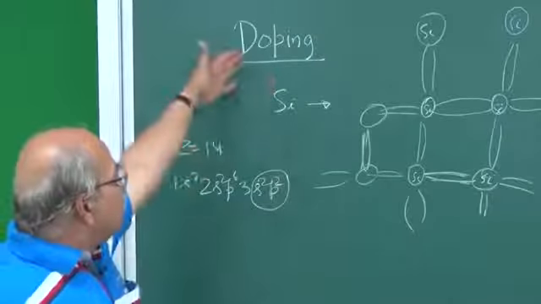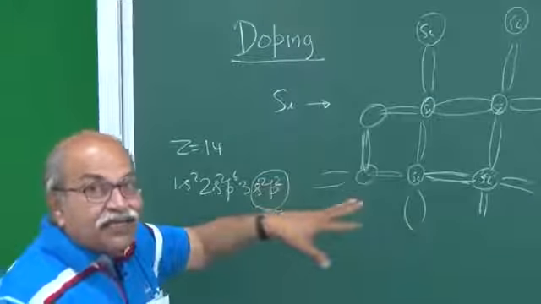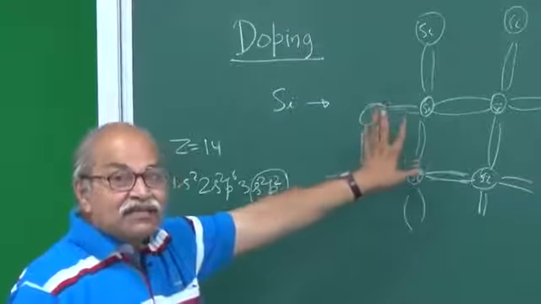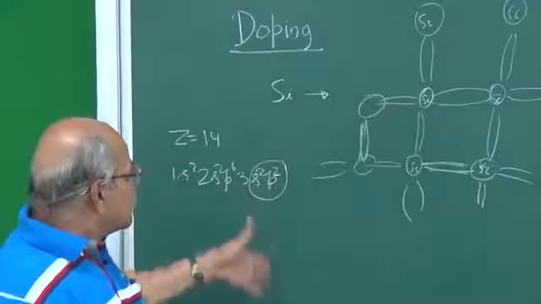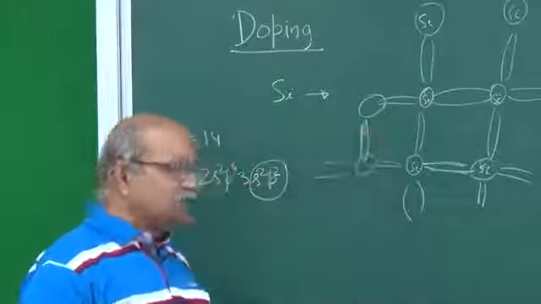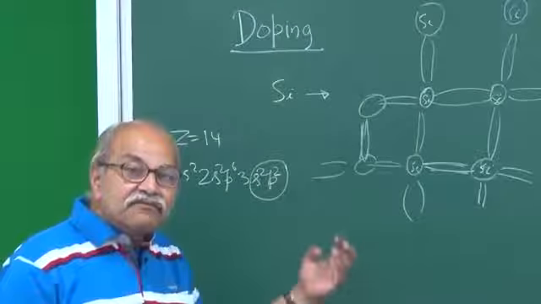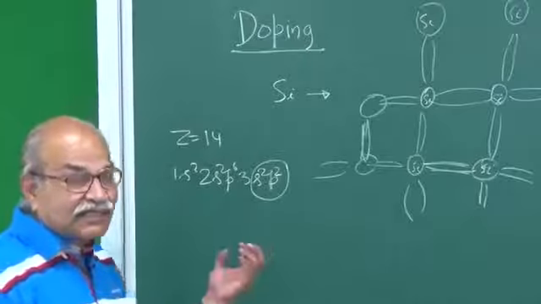Now doping means you purposely introduce some other foreign material other than silicon. Silicon is tetravalent, and if we go 1 column right in the periodic table, you have pentavalent elements. Phosphorus is there, arsenic is there.